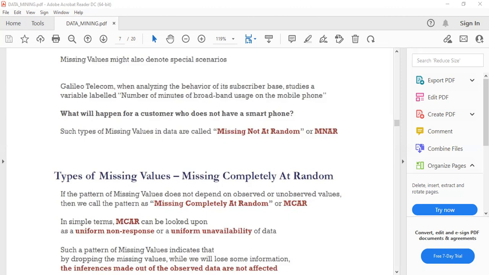For example, the weighing scale mechanism may wear out over time, producing more missing data as time progresses.